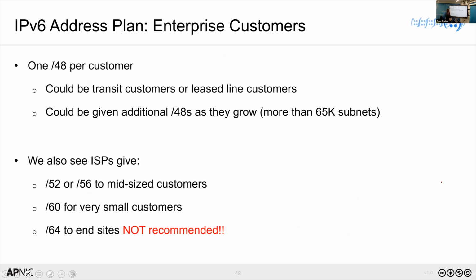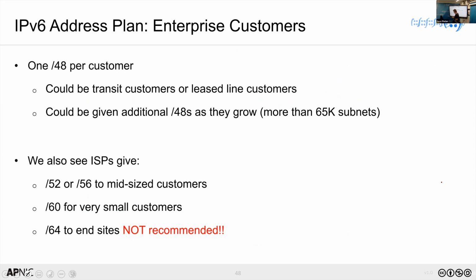So we have a /48 per customer. They could be a transit lease line, and they could require more /48s as they get bigger. One would hope that if you're getting to that sort of size, then you're doing really, really well. We also see smaller allocations.